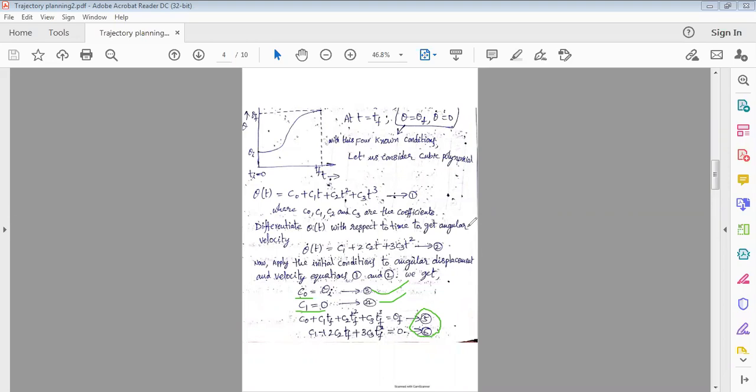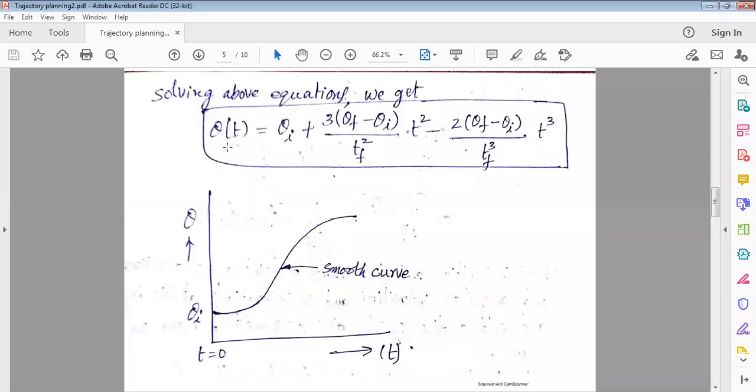If you solve the above two equations, 5 and 6, after getting all the coefficients C0, C1, C2, C3, this is the final solution.